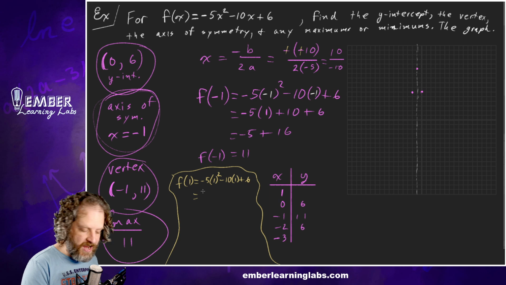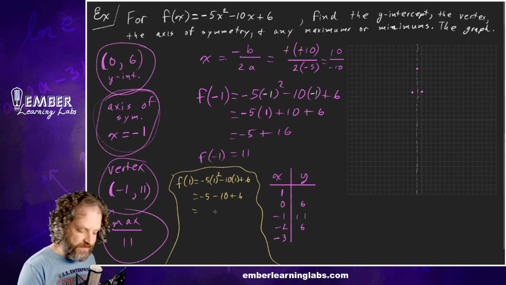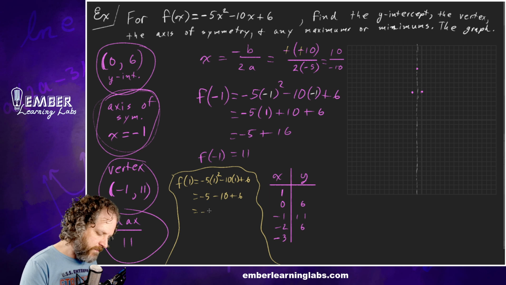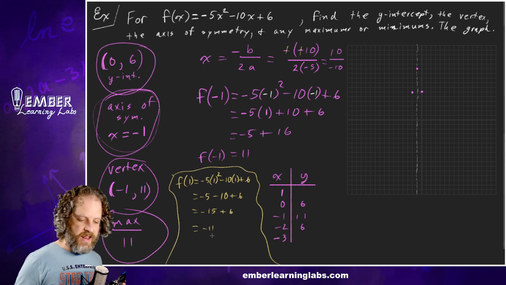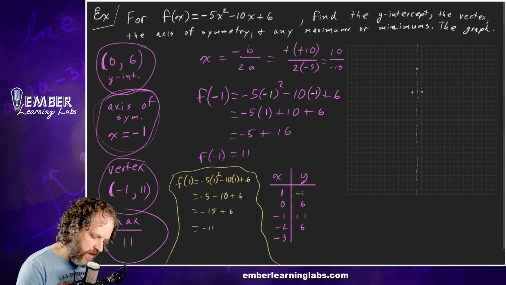This first part's the same, right? -5 minus 10 plus 6. -5 plus -10 is -15 plus 6 equals -11, right? So we're going to be at 1, -11.